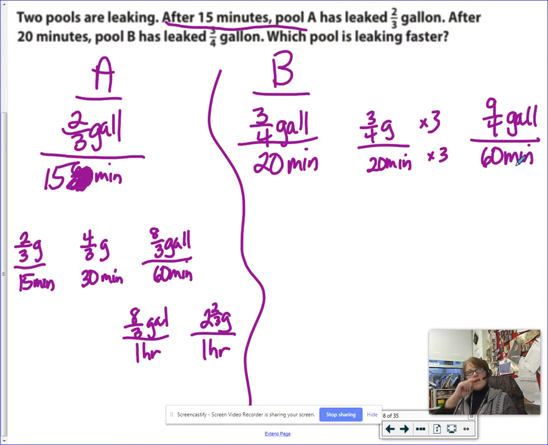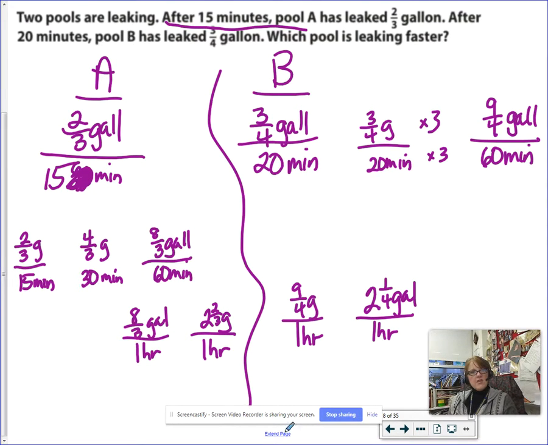Well, how much is that? Well, that's 9/4. 9/4 of a gallon in 60 minutes is 1 hour. That is 2 1/4. Can you tell right now which one is larger? 2 2/3 or 2 1/4?